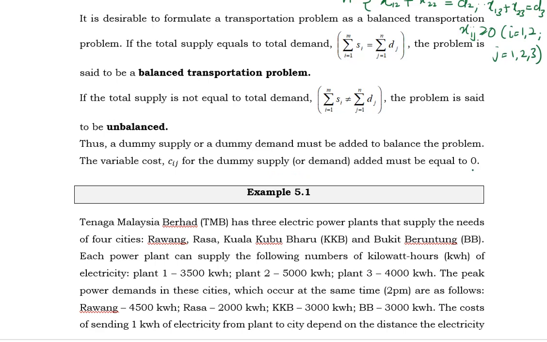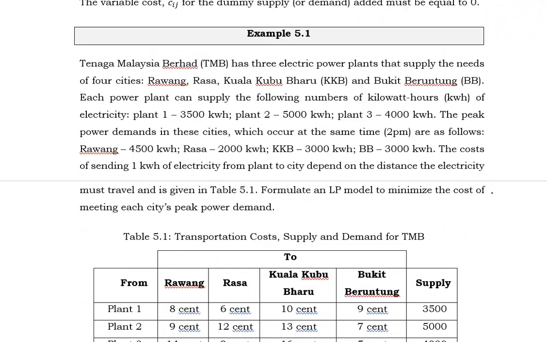Now, let's continue our discussion of the transportation problem by formulating a linear programming model of the following situation. Tenaga Malaysia Berhad (TMB) has 3 electric power plants that supply the needs of 4 cities: Rawang, Rasa, Kuala Kubu Baru, and Bukit Beruntung.